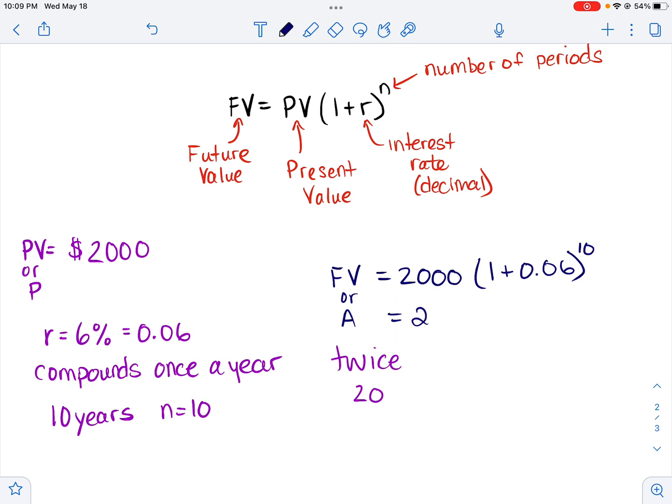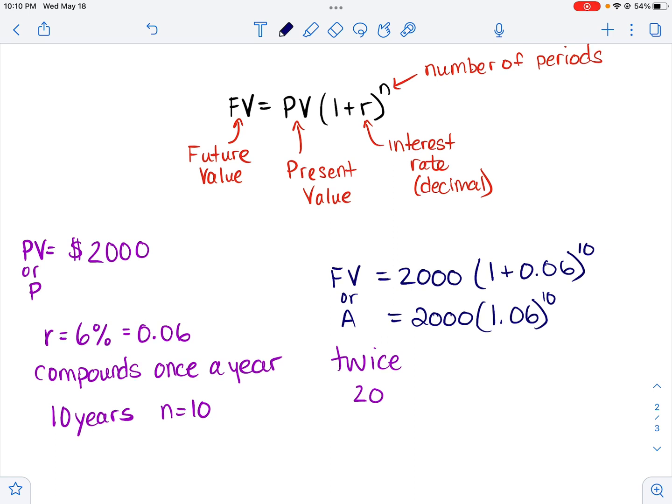So just to simplify this, we have 2,000 times 1.06 to the power of 10. Okay, so let's calculate that. We need a calculator. 1.06 to the power of 10. And then I'm going to multiply that by 2,000.